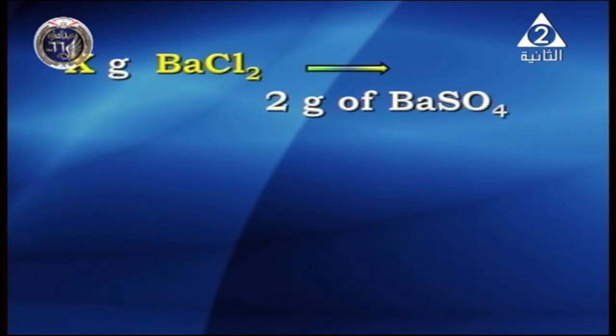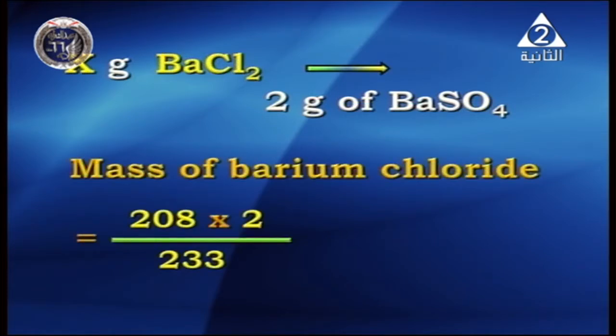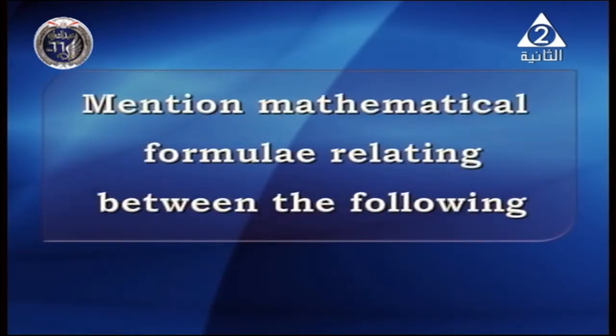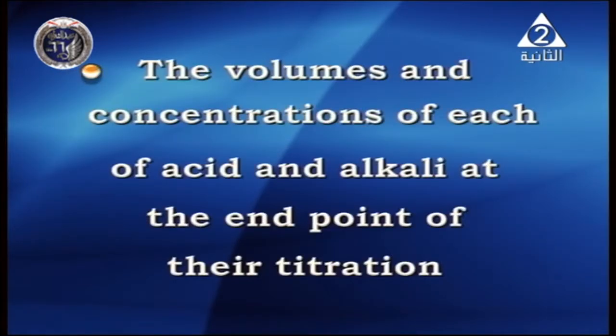So x gram of barium chloride gives 2 gram of barium sulfate. So the mass of barium chloride equals 208 times 2 over 233 equals 1.785 gram.